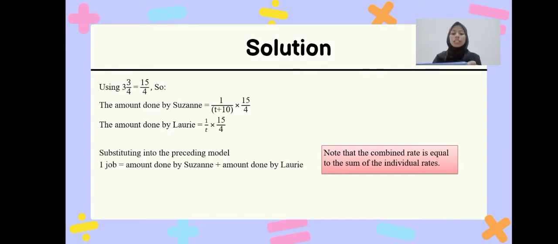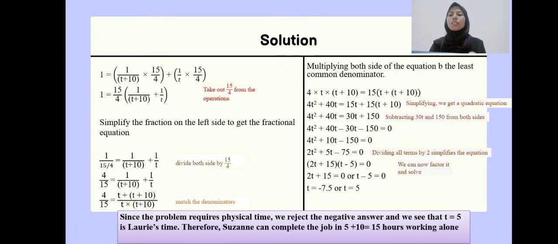Note that the combined rate is equal to the sum of the individual rates. So, 1 equals 1 over (t plus 10) times 15/4 plus 1 over t times 15/4.